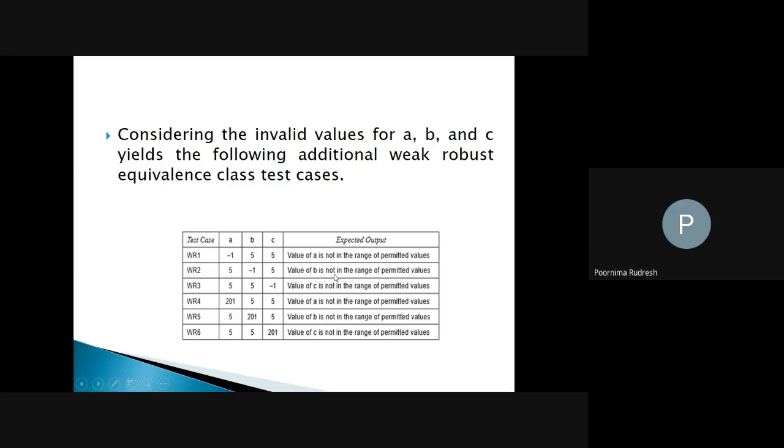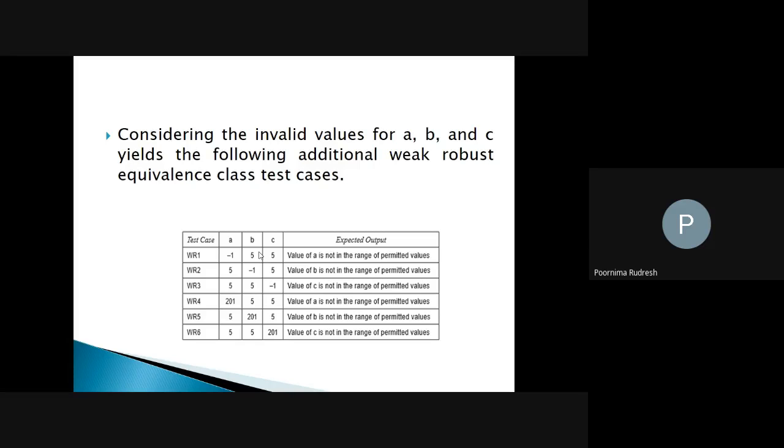Invalid values, as I said, if any of the ABC values is less than 1 or greater than 200, then we say that it is an invalid value. Okay. So here, when we are considering the invalid test cases, we are considering weak robust test cases. In the weak robust test cases, there are two parts, as I explained in the last class.